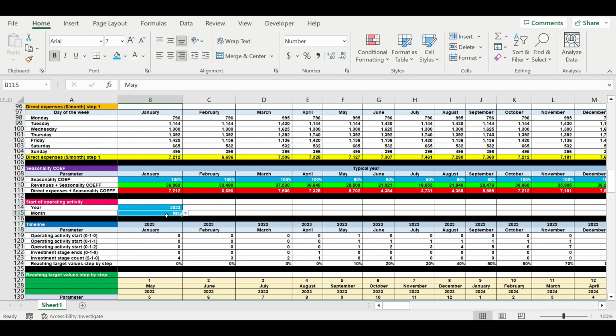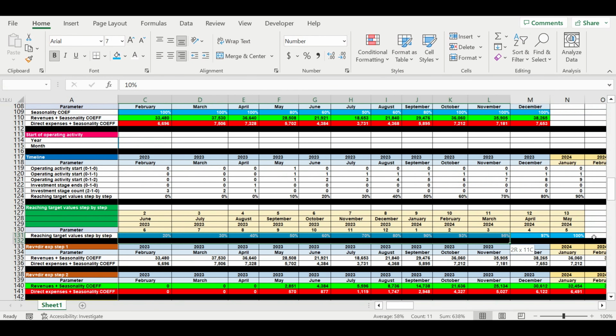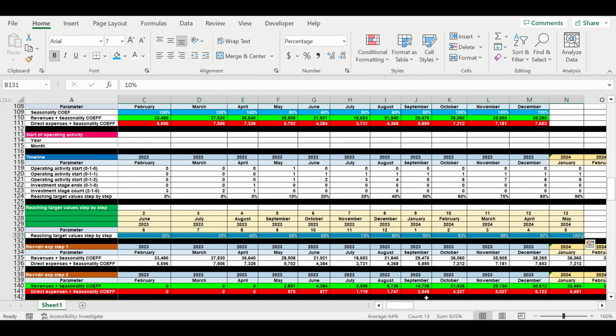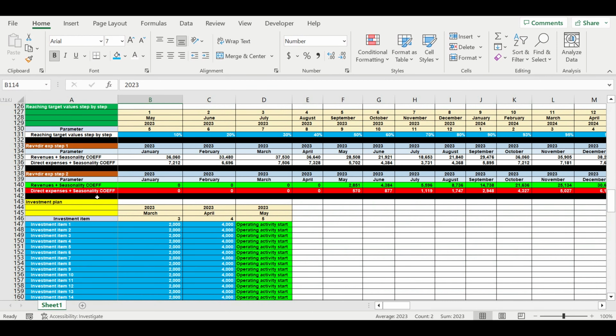Then we specify the speed at which we are reaching the target revenues from the first month of operating activity. Then we get the revenues that will go to cash flow statement. Then we get direct expenses that will go to cash flow statement as well.